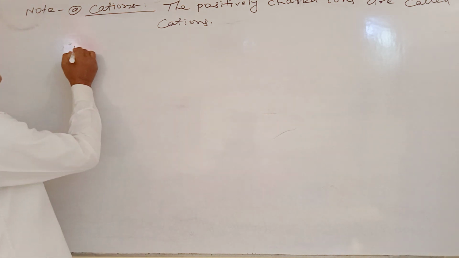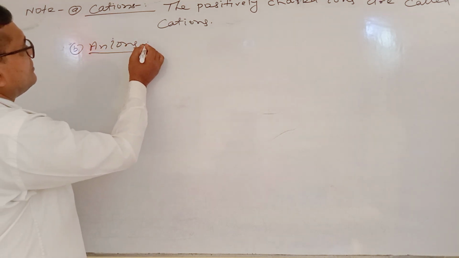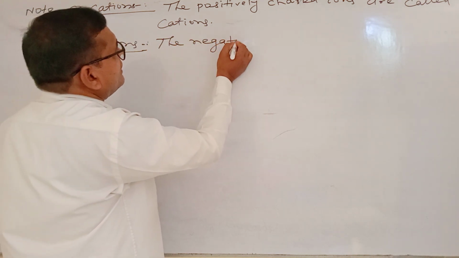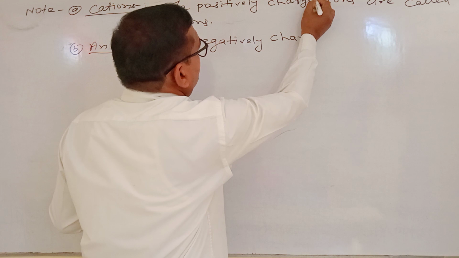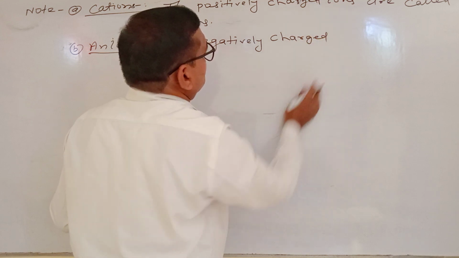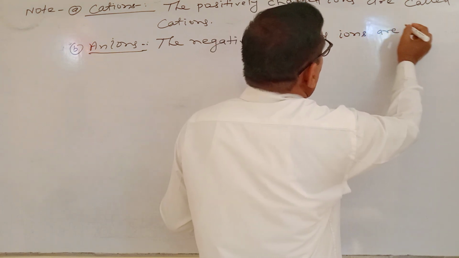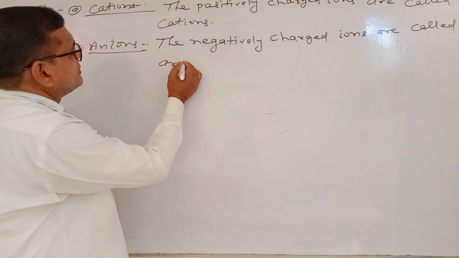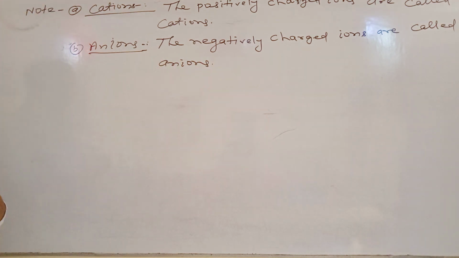Here we write anions. The definition: the negatively charged ions are called anions.